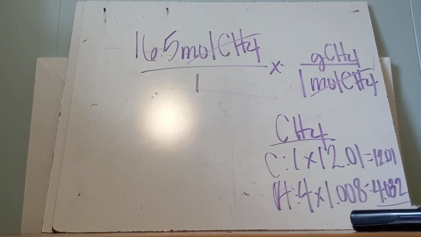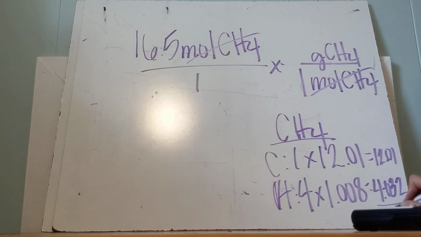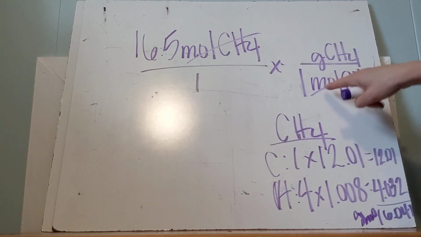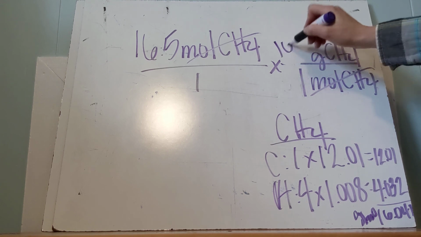Add those together. And I get 16.042 grams. Units are over here, grams per mole. Remember that grams per mole applies right here.